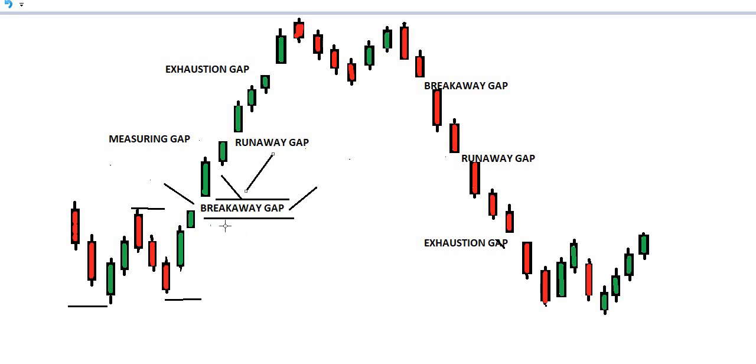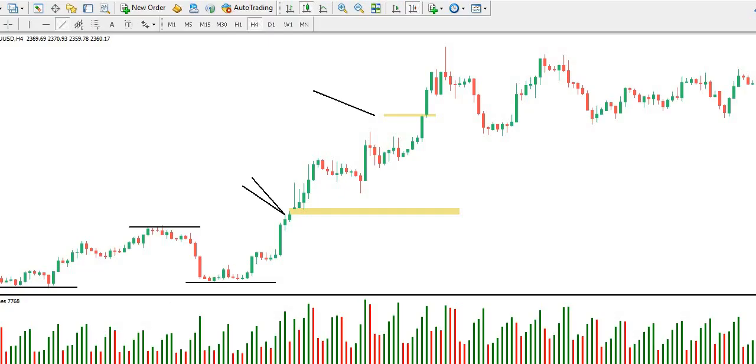So whenever this gap appears, we can enter the market, we can open a trade, we will place our stop loss below the breakaway gap. So this way our stop loss will be less likely to get triggered. These were the example of the first type of gap.